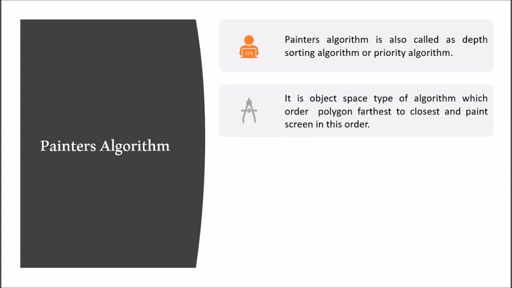It is an object space type of algorithm in which the polygons are ordered from farthest to closest and painted in this order. First you paint the polygon which is at the longer distance, then the object which is somewhat nearer, and then nearer. This is how Painter's algorithm works.